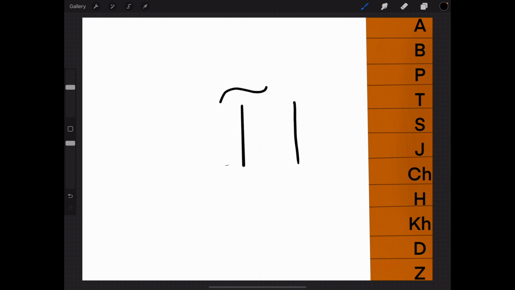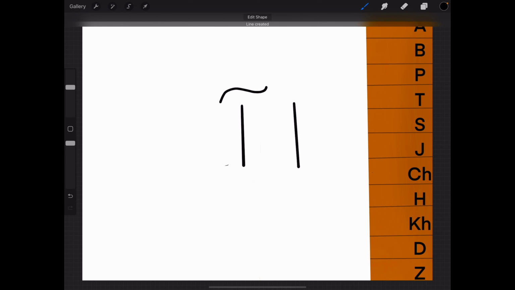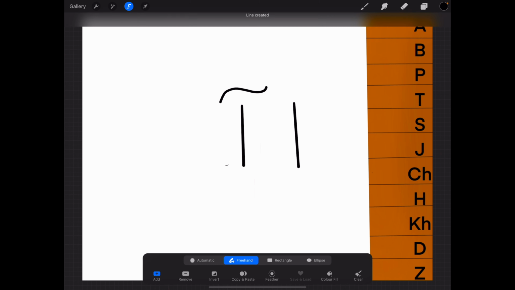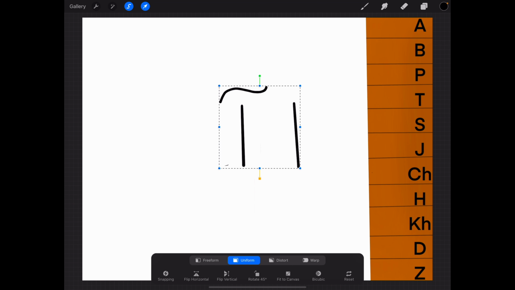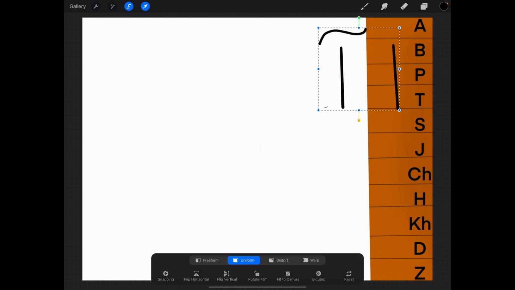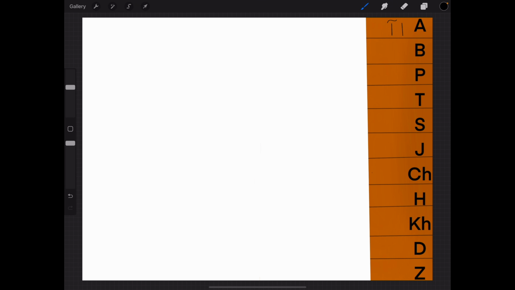That's your first letter. Now the equivalent of this in English would be your letter A. So let's move it up there. So at the end, you'll have a little table of all these Dari letters and their equivalent letters in English. The next letter is B.